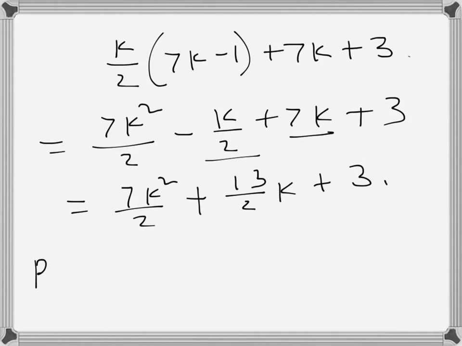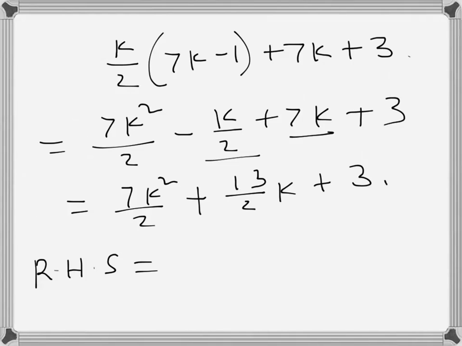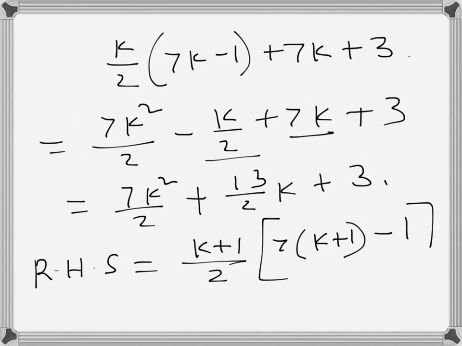Now let's look at the right hand side. When n is equal to k plus 1, our right hand side becomes k plus 1 over 2, and then 7 times k plus 1 minus 1, which is 7k plus 7 minus 1.